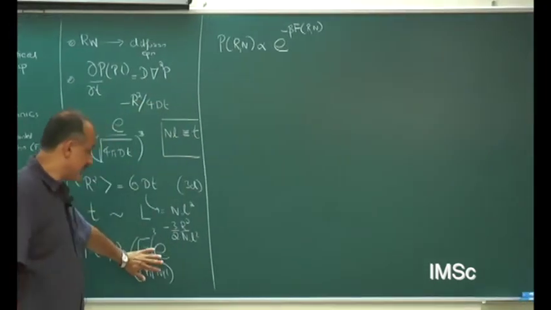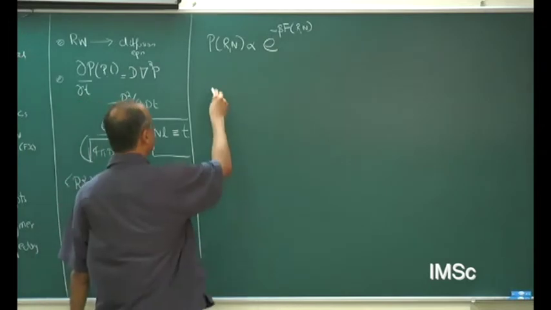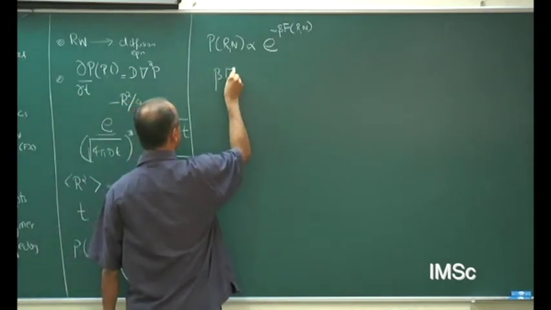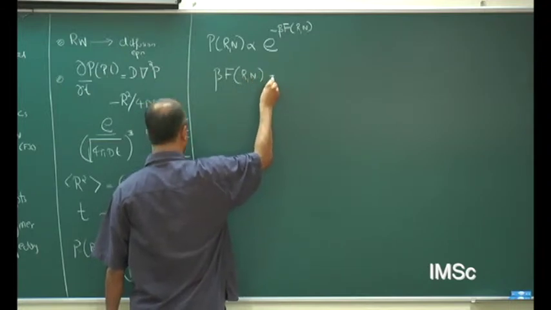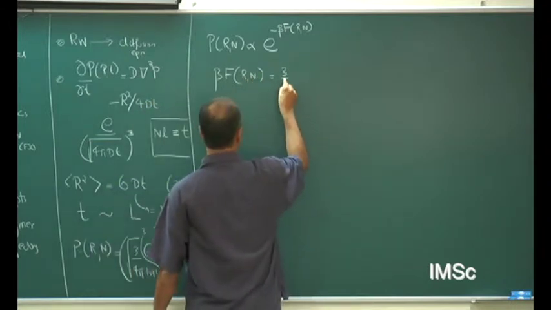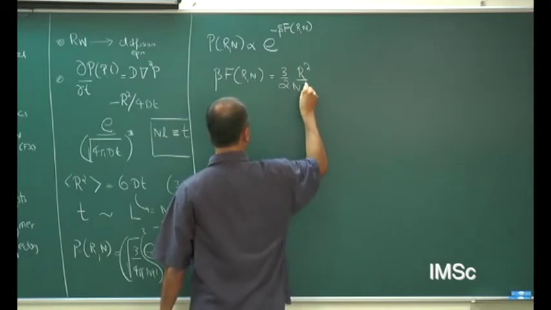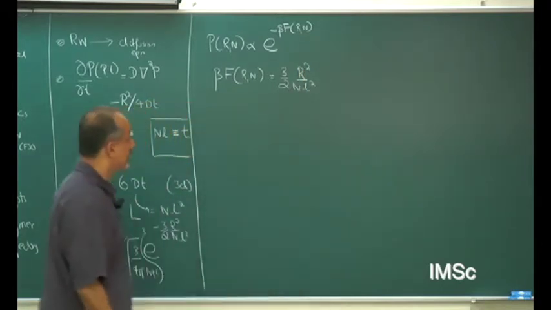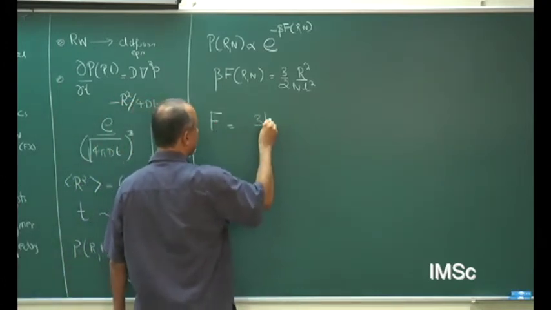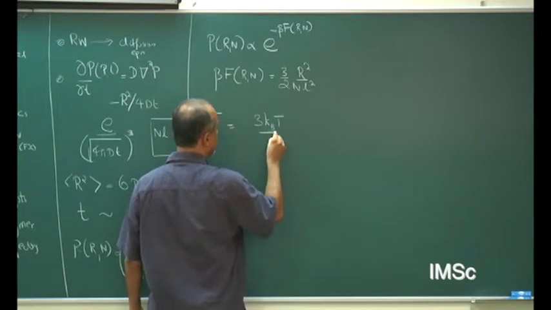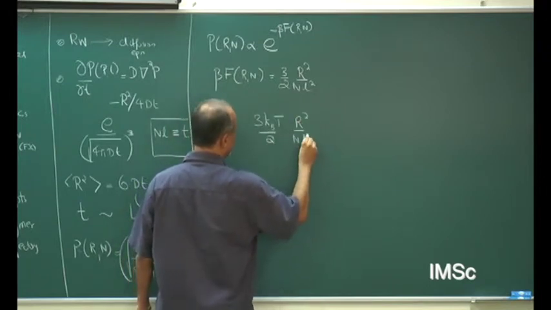Ignoring this, which mathematically gives you a minor contribution, that says that beta times f, the free energy of r comma n, was just this factor here, 3 by 2 times r squared divided by n times L squared, which gave me that the free energy is thrice kBT divided by 2 r squared divided by n times L squared.